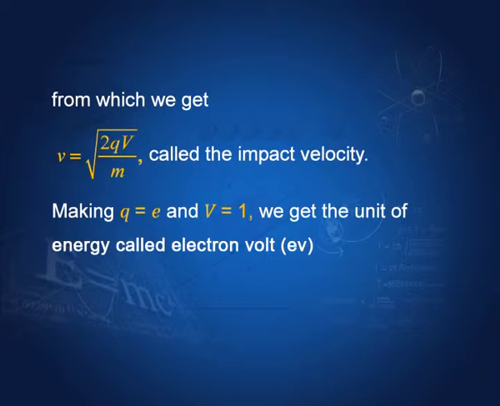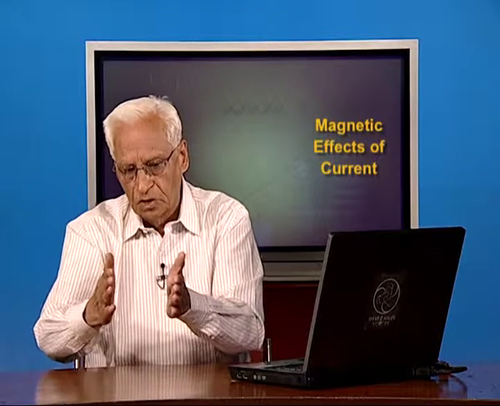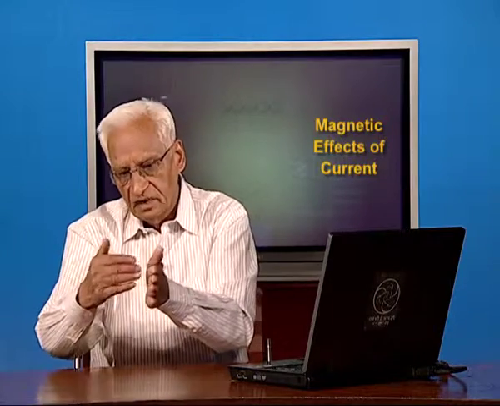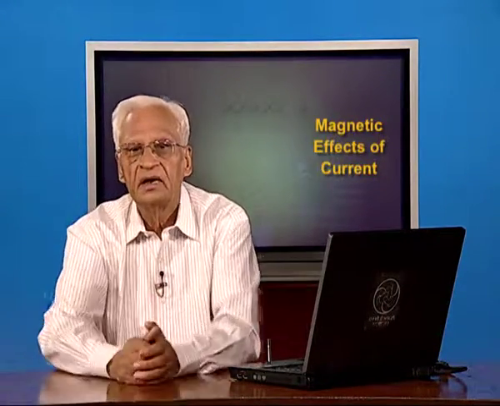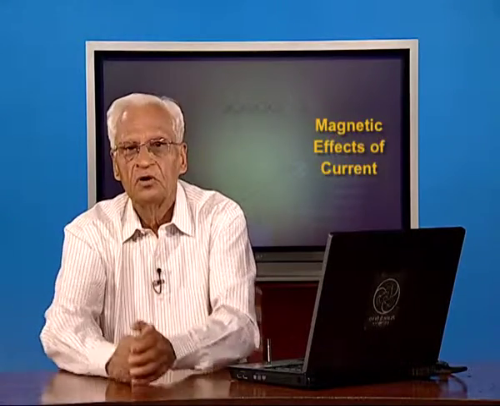And from this expression, or earlier one, if we put q equal to e and V equal to 1, then we get our unit electron volt. Electron volt, you remember, is the work done when an electron moves through a potential difference equal to 1 volt.